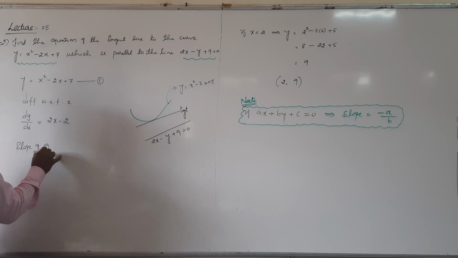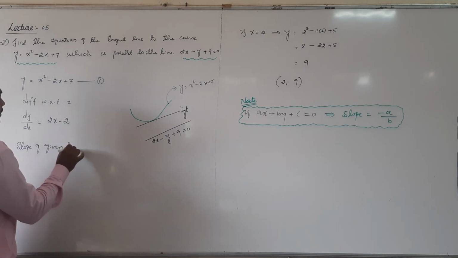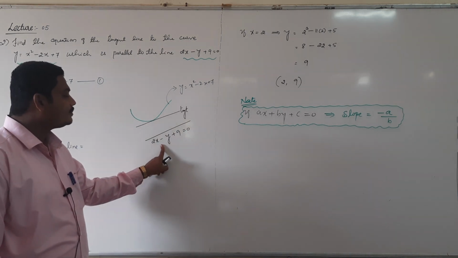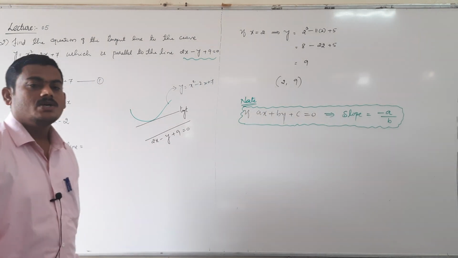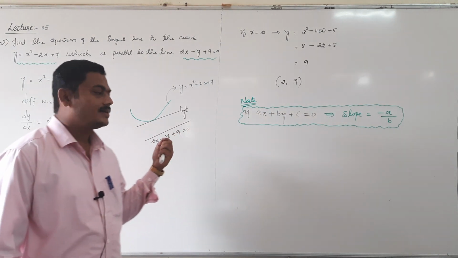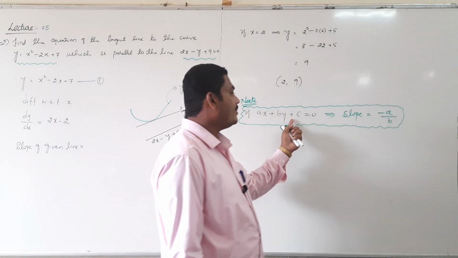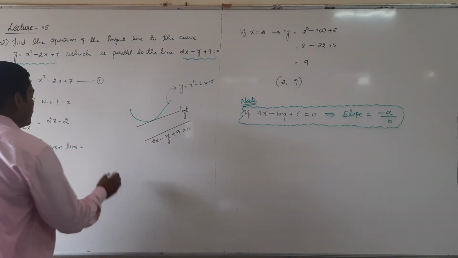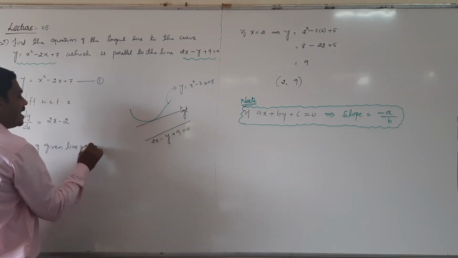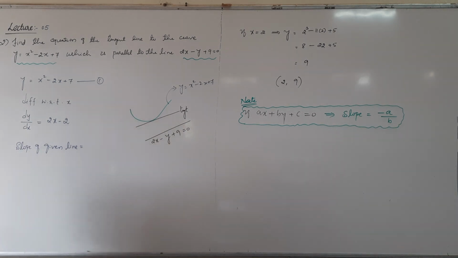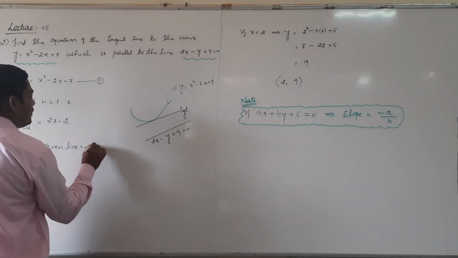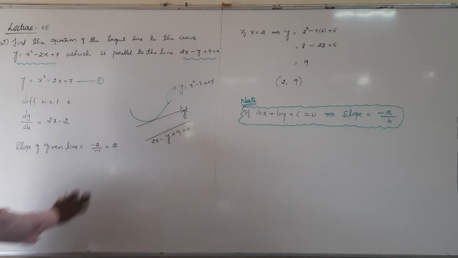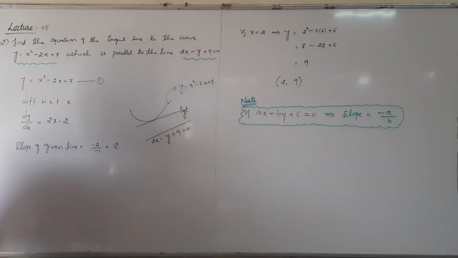Clearly it is of the form ax plus by plus c equal to 0. So its slope is minus a divided by b. Minus a means minus 2 divided by minus 1, that's equal to 2. This is the slope of the given line.